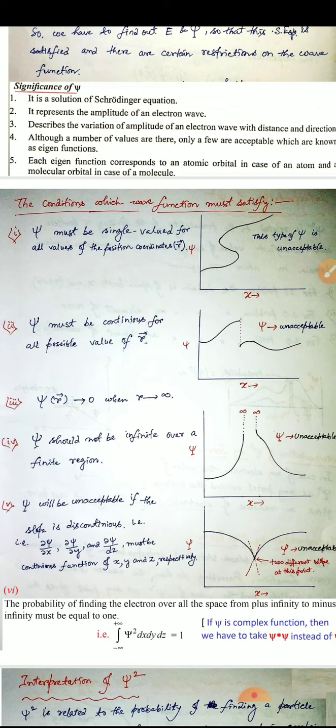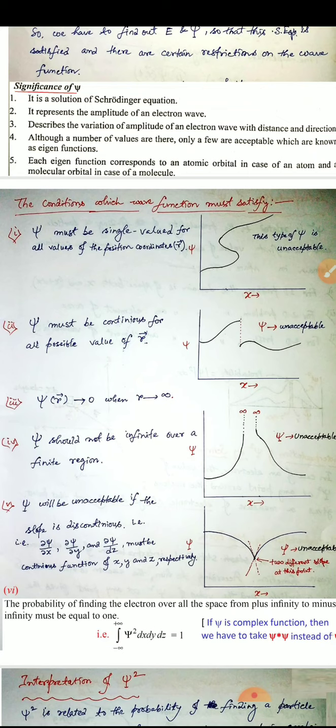Now the fourth one: psi should not be infinite over a finite region. So it is just opposite, that is, for an acceptable value of x or within the limit, psi cannot be infinite.